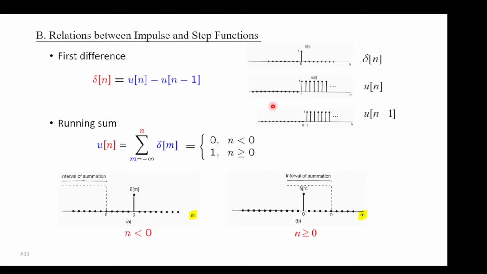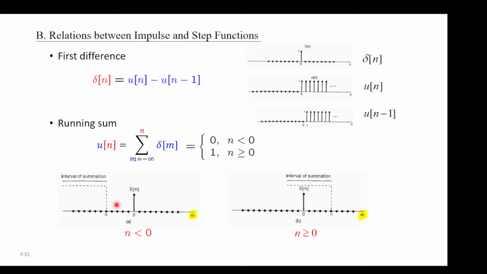Okay, and it's just kind of like differentiation and integration. So the impulse function is a difference of step functions, and the step function will be the sum of impulse functions. And this sum, we actually have three different ways to view it.